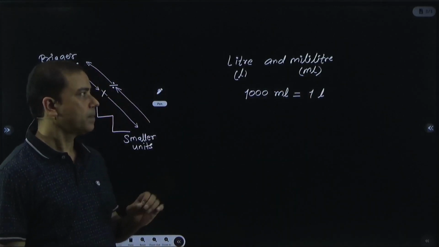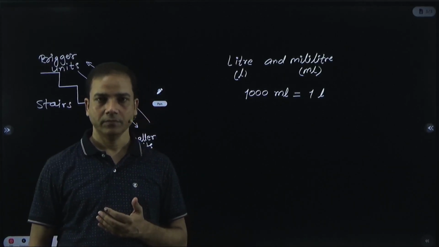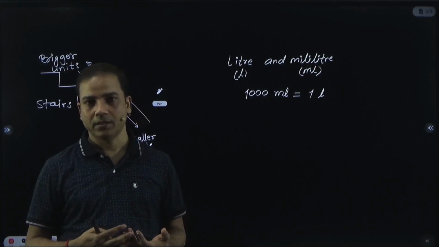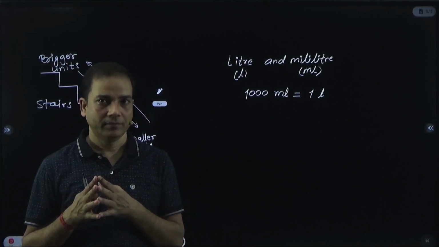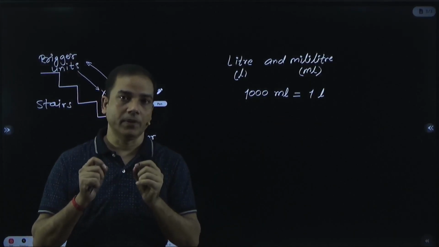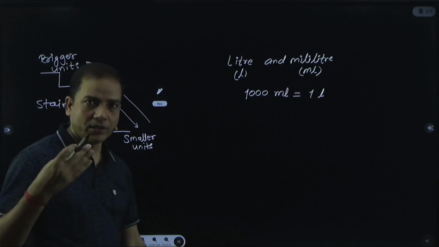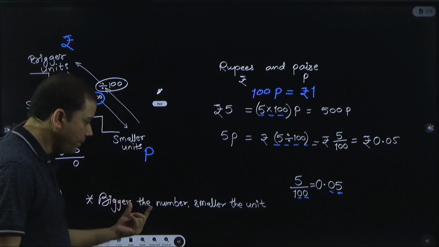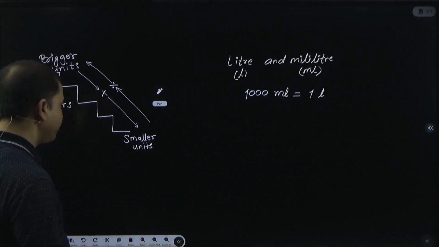And dear students, this is something you have to memorize. A few things are memory based that you should memorize, and a few things are logical that you should understand. So try to memorize and remember. Well, which unit is bigger, which one is smaller? As I taught on the previous page, bigger the number, smaller the unit. Let's use this rule.